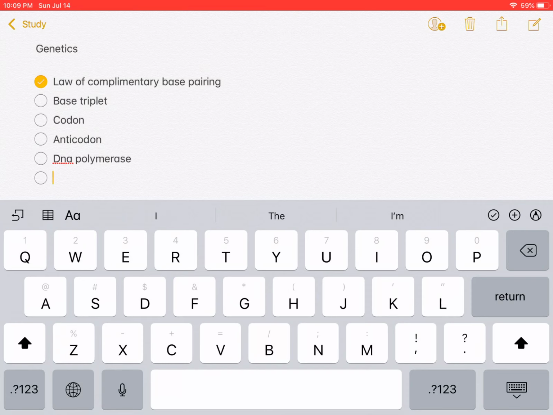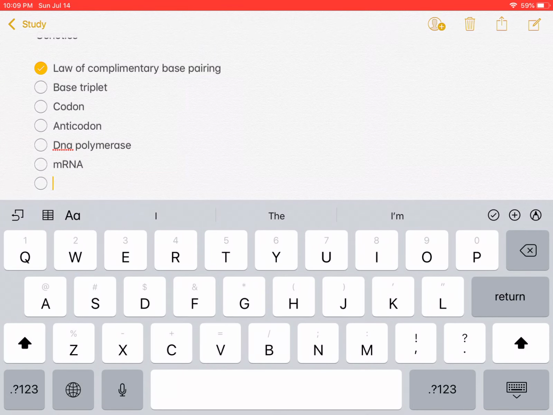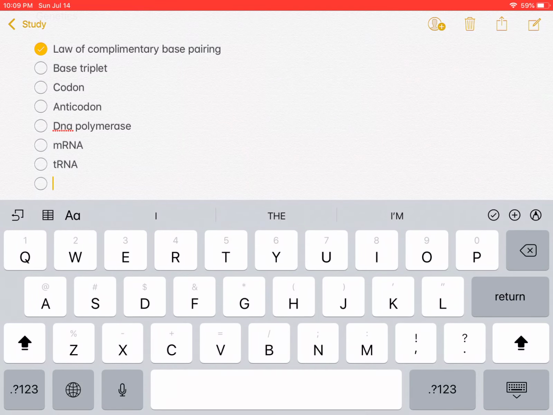We also need to know what messenger RNA is and its function, and transfer RNA and its function. We know that messenger RNA does the transcription process, and transfer RNA does the translation process, which is the actual synthesis of that amino acid.